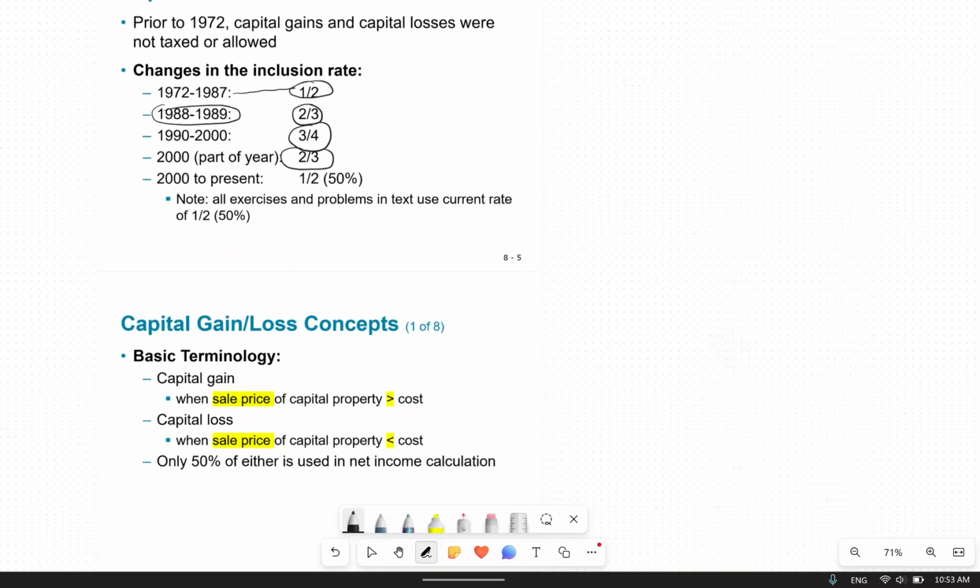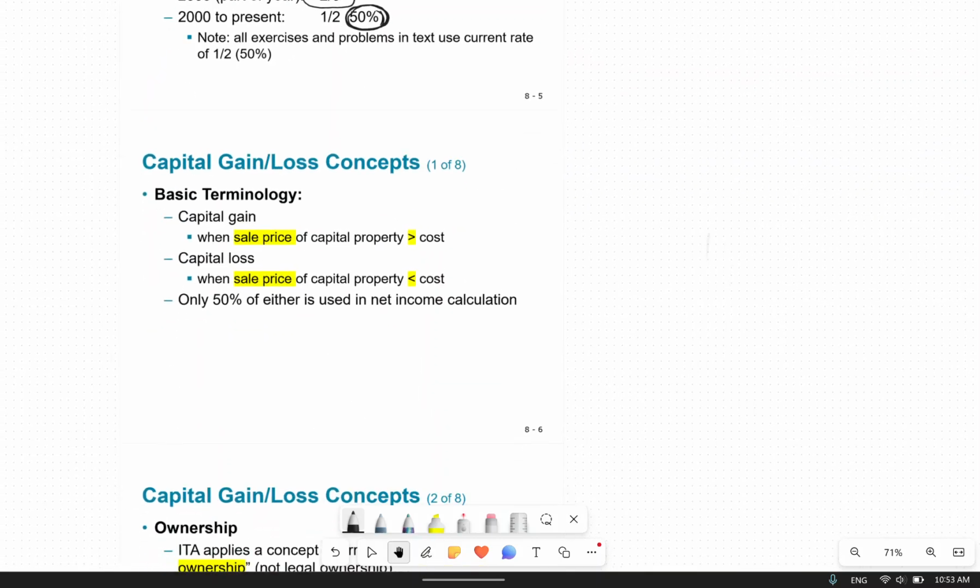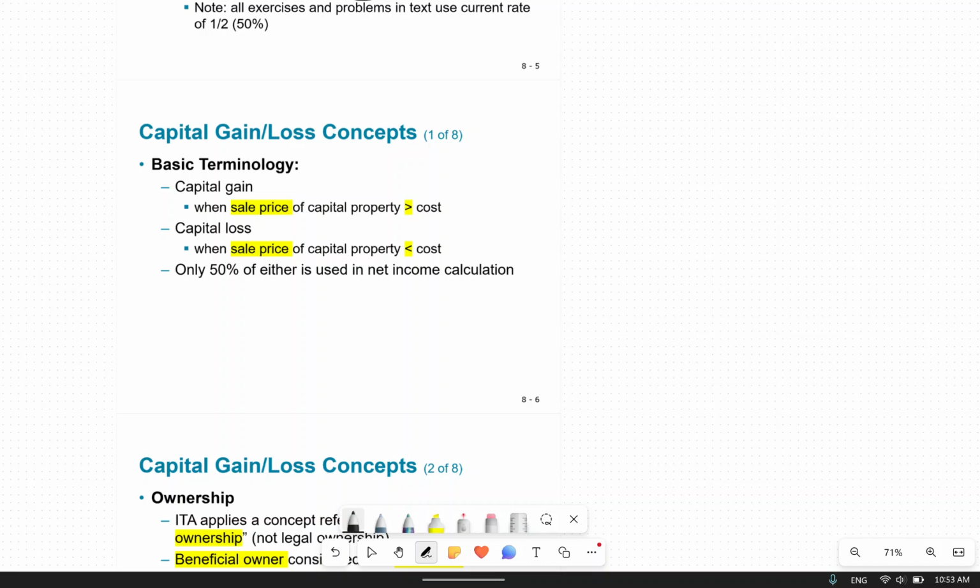So when you have a capital gain, we only report 50% of that. We take the total capital gain and multiply by 50% to get your taxable capital gain. When do we have a capital gain?